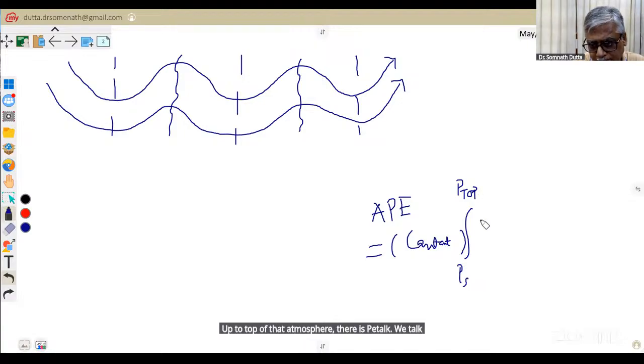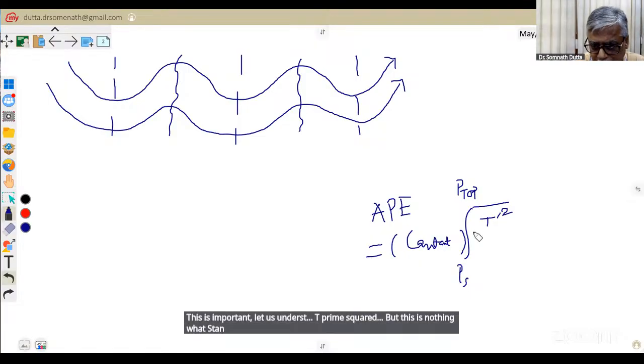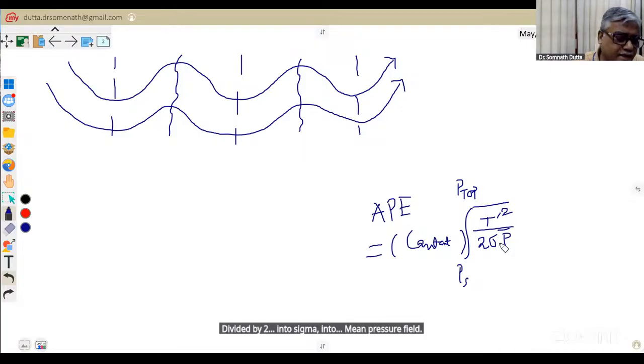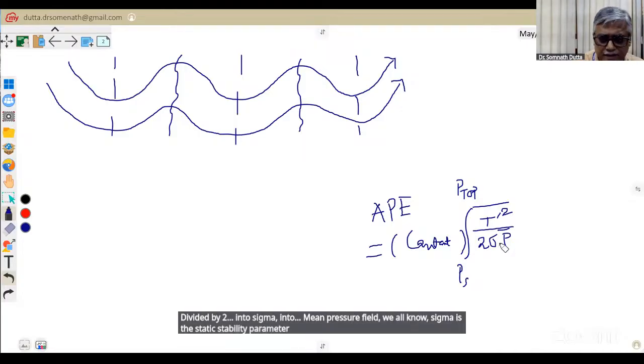And here, this is important, T prime square bar is nothing but the variance, divided by 2 into sigma into P, the mean pressure field. Sigma is the static stability parameter, which I have already discussed.